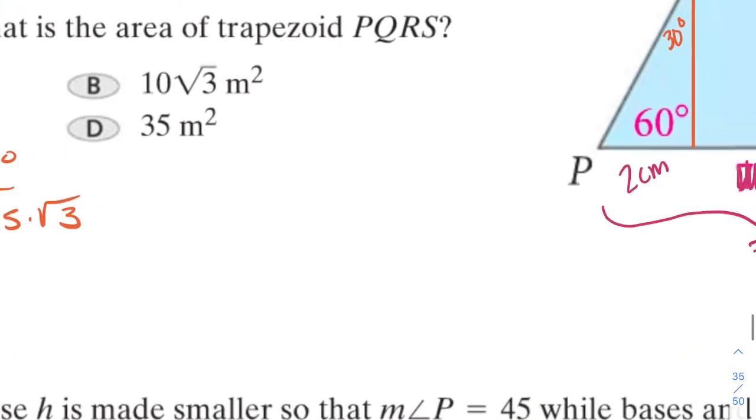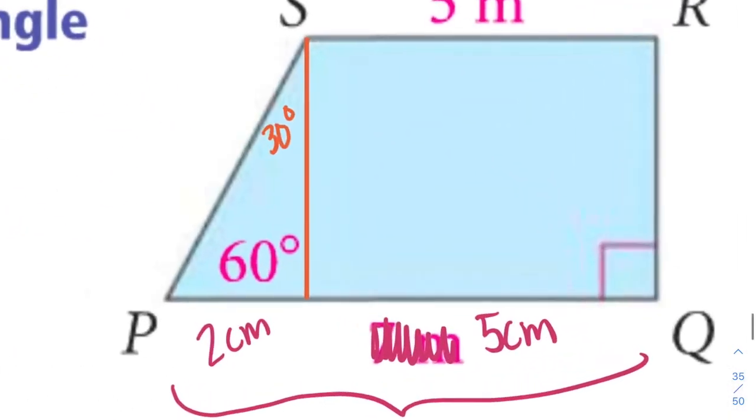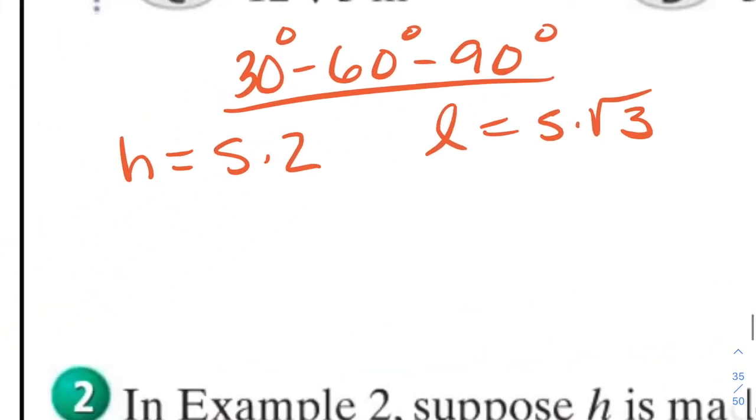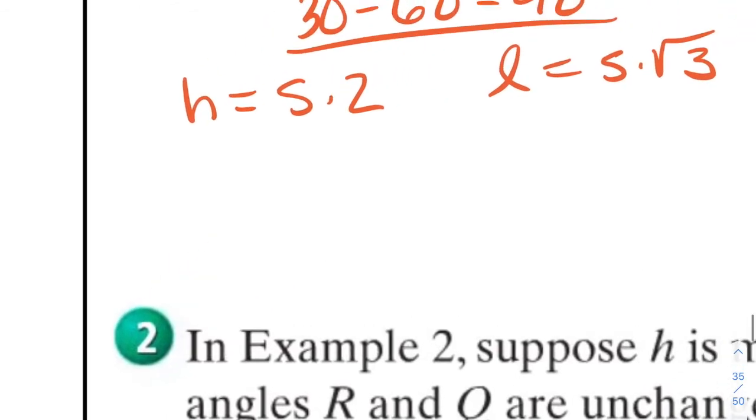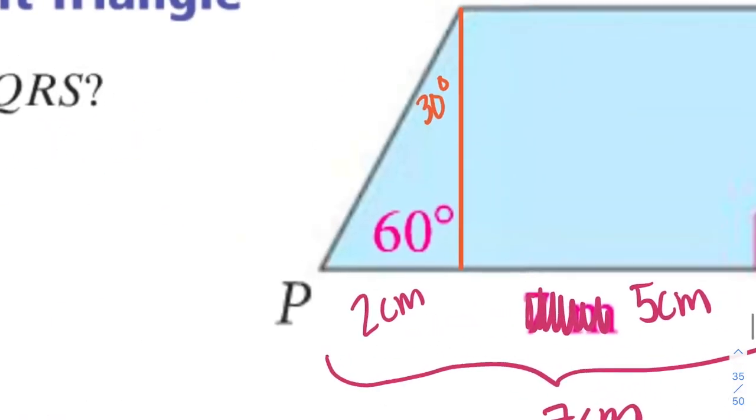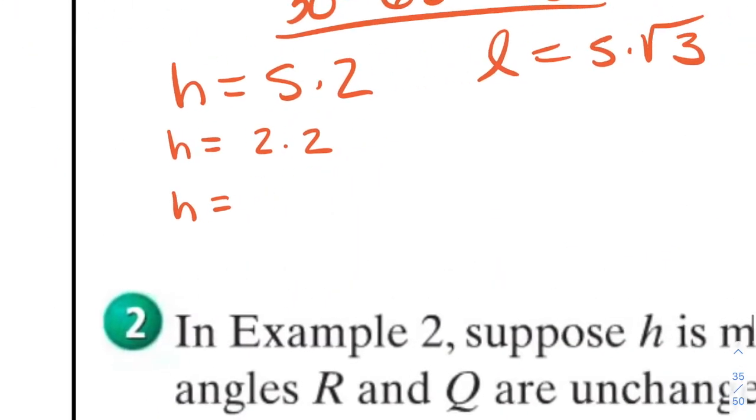So in this case, when I look at what I have, it appears that I actually do have the short leg because it's opposite the 30-degree angle. So the short leg is 2. I'm going to put in all of my values here. I'll say H equals 2 times 2. So H equals, and we're talking centimeters, right?